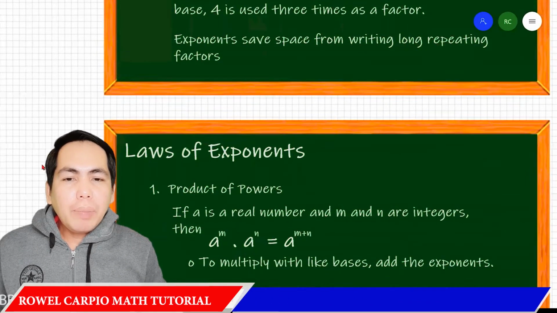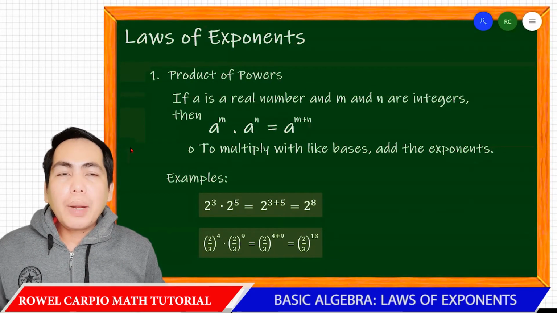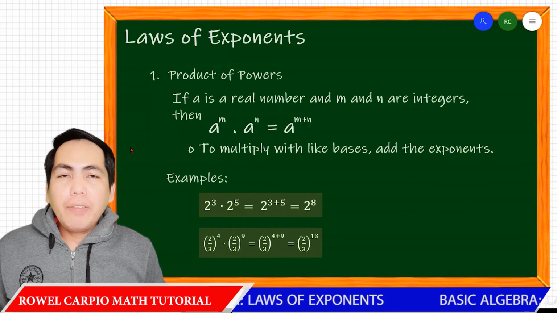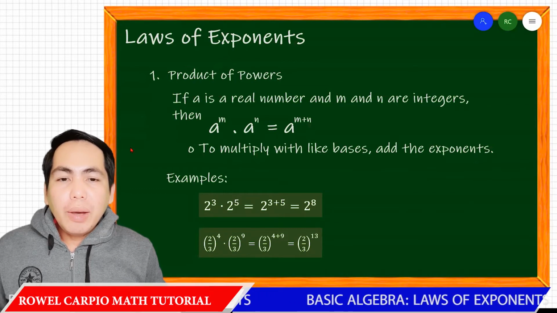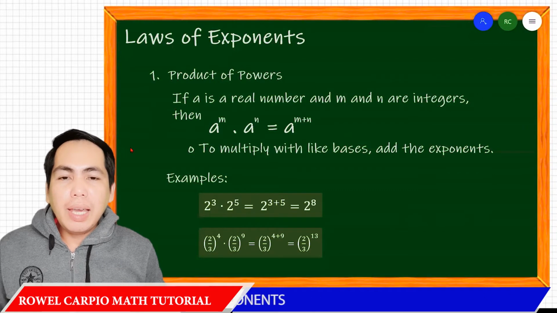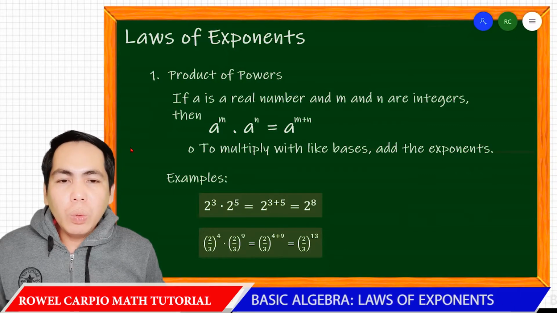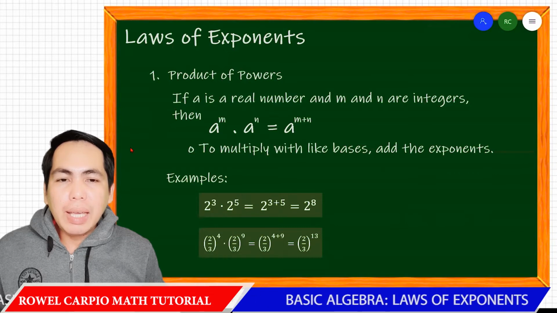So what are the different laws of exponents? We have here number 1, product of powers. If a is a real number and m and n are integers, then a raised to the power of m times a raised to the power of n is equal to a raised to the power of the sum of m and n.